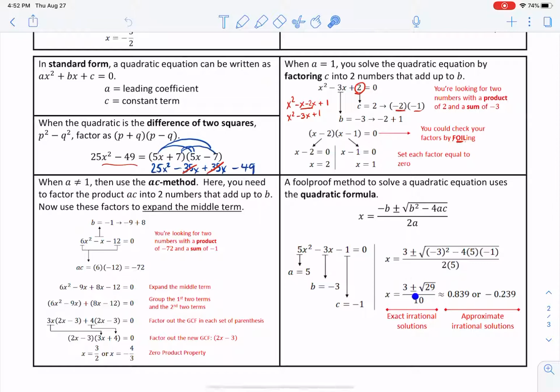It's actually 2 answers. One of those answers is 3 plus the square root of 29 over 10, and the other one is 3 minus the square root of 29 over 10. What it highlights here that I'm going to call your attention to is the fact that these are the exact irrational answers. You may have talked about in algebra the difference between a rational number and an irrational number.